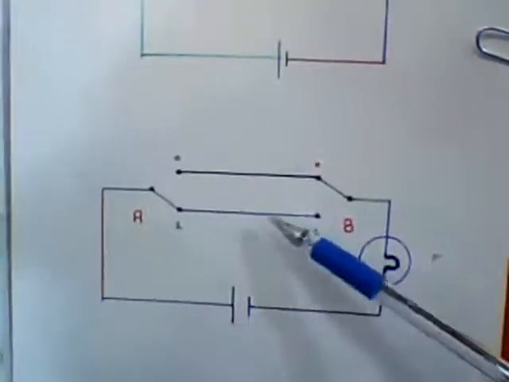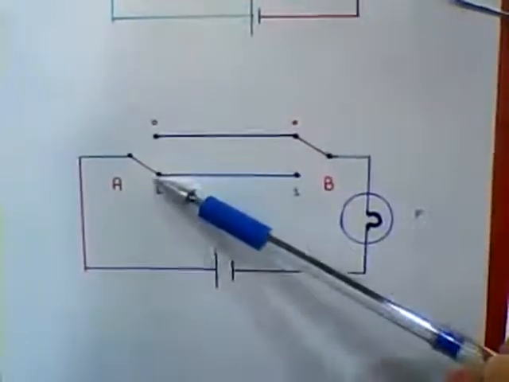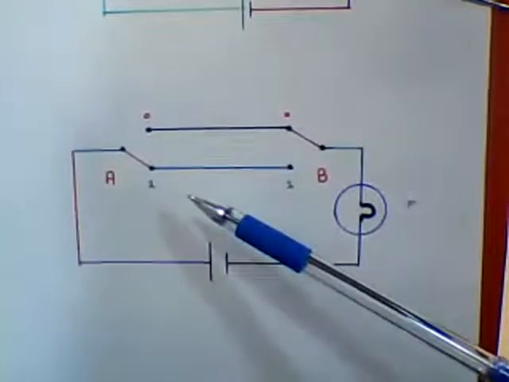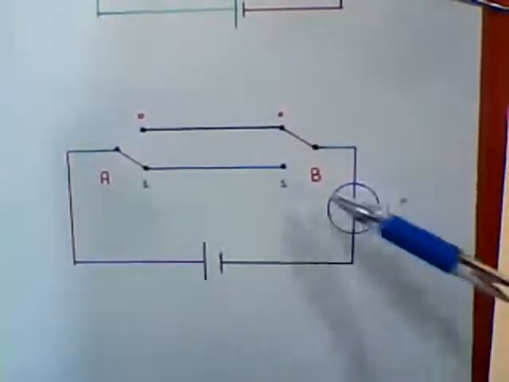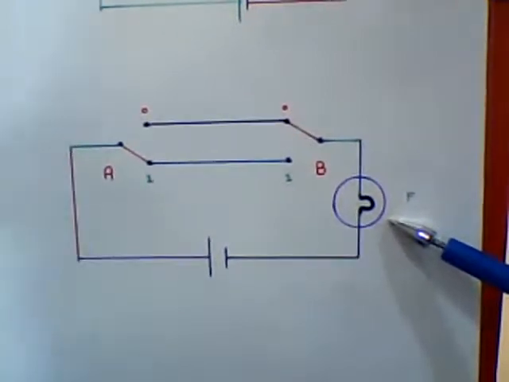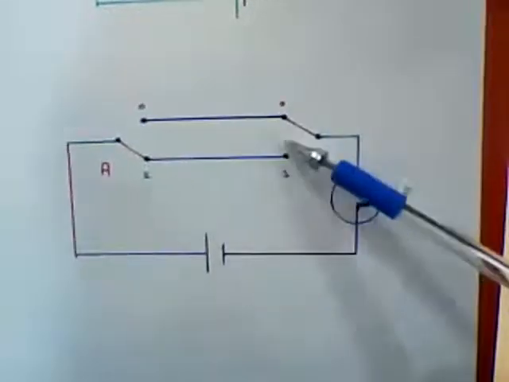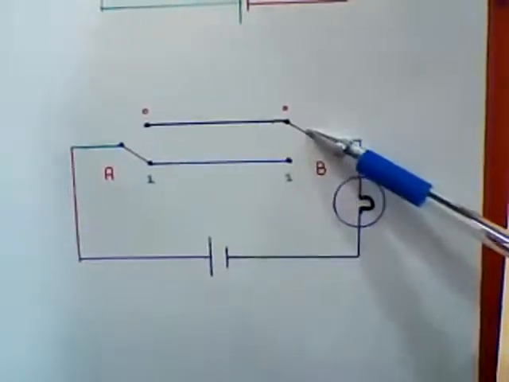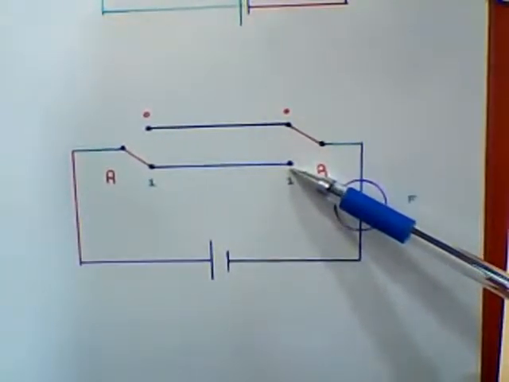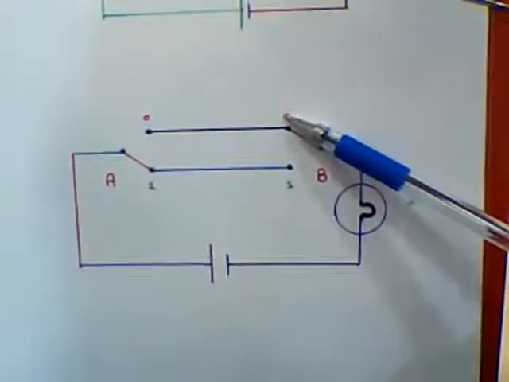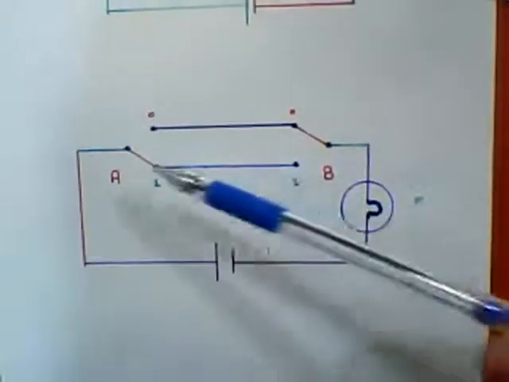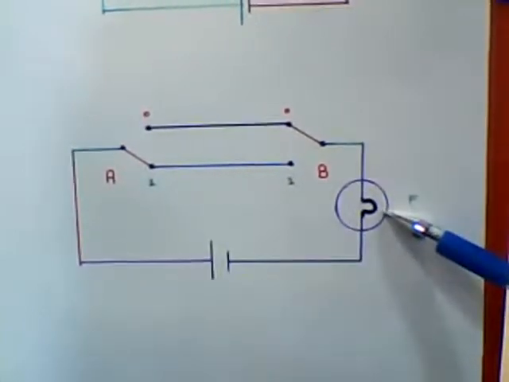Now if we go down here and have a look at this as well, again we're using switch A, switch B. In order for the lamp to light here, which F would be our output, that switch, that point there, now needs to come to switch 1, position 1, where at the moment it is in position 0. If we put it into position 1, then A and B will bring the lamp on.